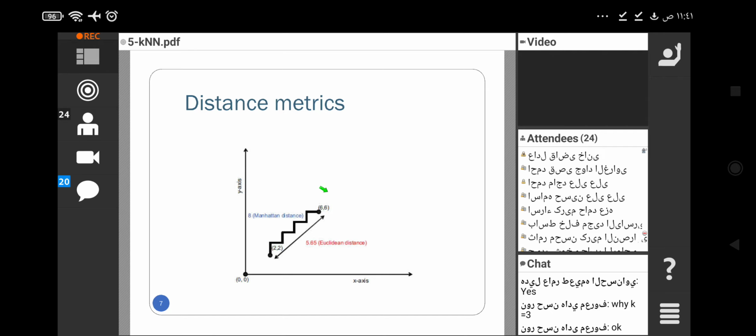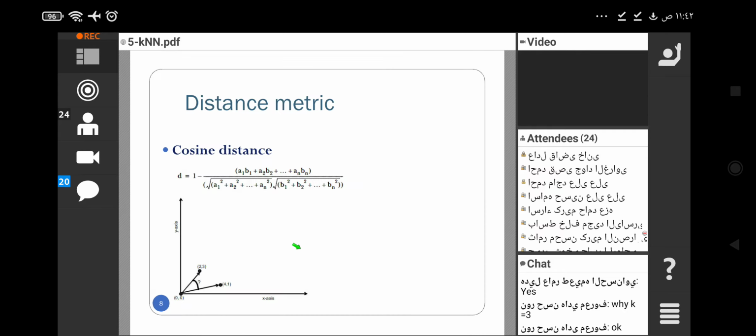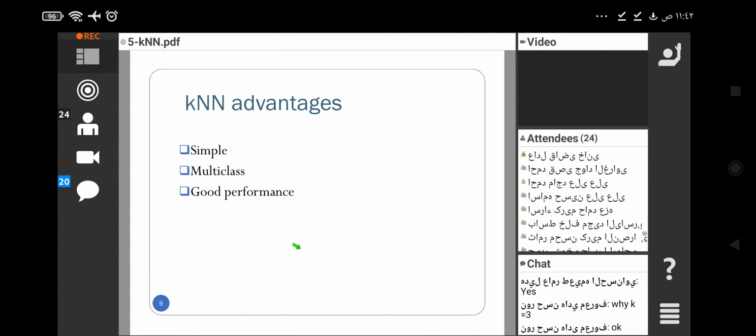For example, the Euclidean distance finds the direct distance between 2 points, but the Manhattan distance finds this. It's different. These distances sometimes have different results.